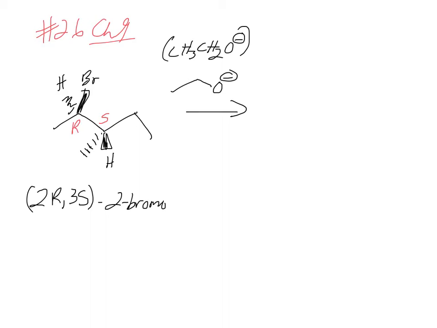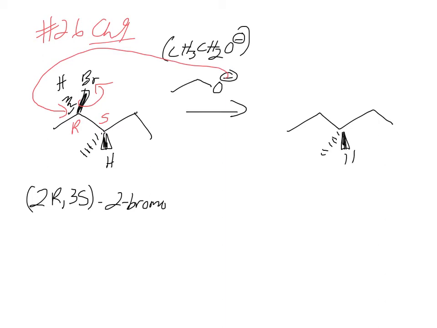So if the bromine's coming out, the nucleophile is going to have to come from where? The back. So the H is going back, and then the H is going to end up having to become front. So if we look at the mechanism, it attacks, bromine leaves, this carbon doesn't change at all.